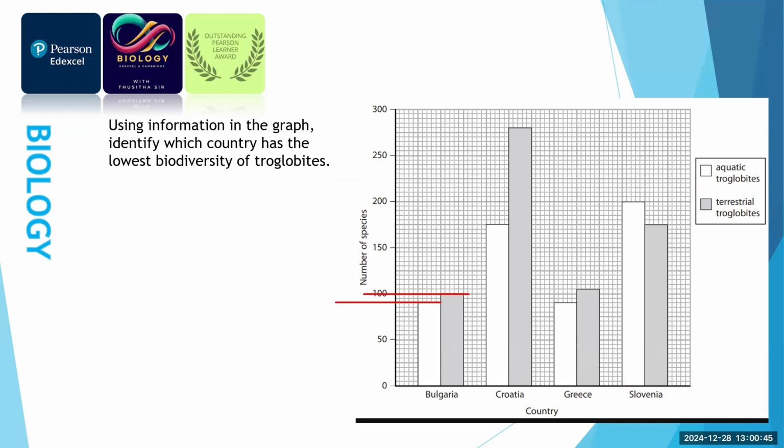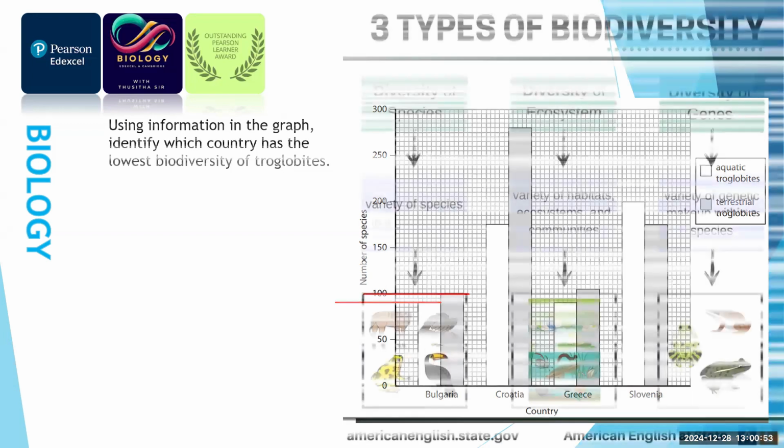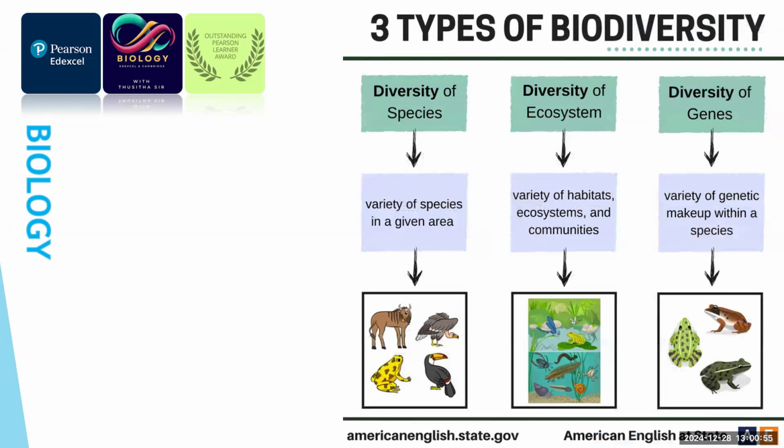Let me recap what biodiversity is. Biodiversity is the variety and variation of living organisms, and we learn this under 3 levels: species diversity, genetic diversity, and ecosystem diversity. Species diversity is the number of species, genetic diversity is the number of alleles in a species, and ecosystem diversity is the number of different ecosystems.